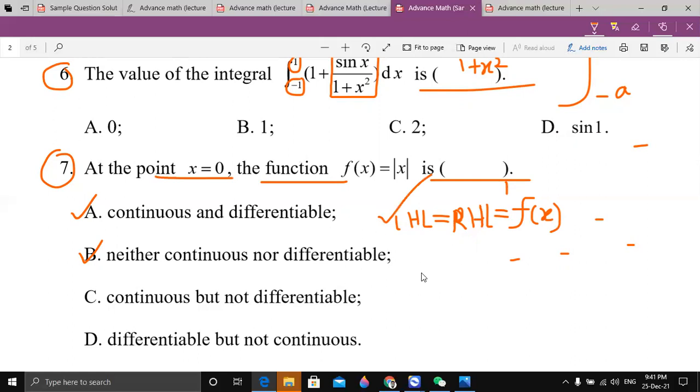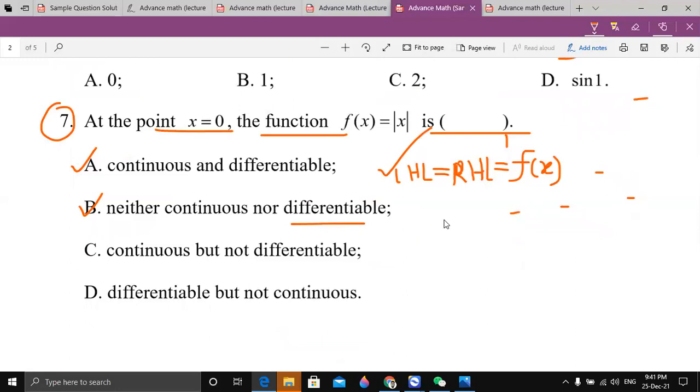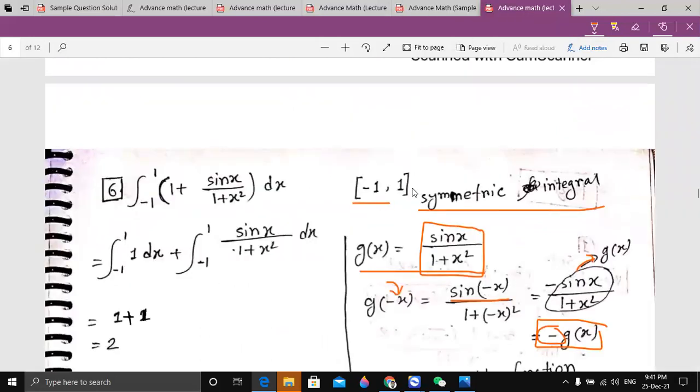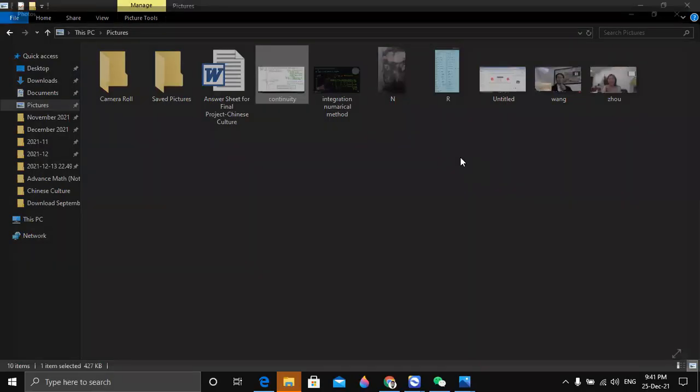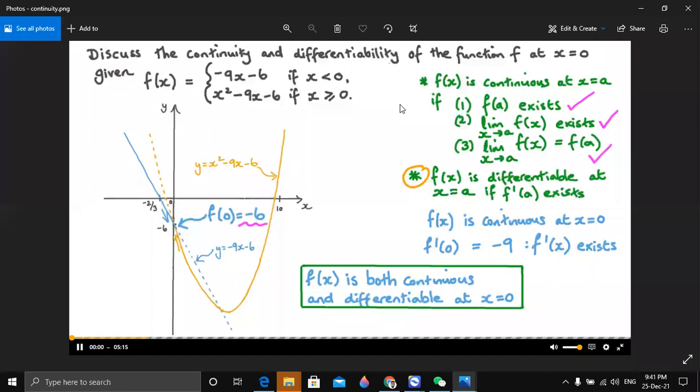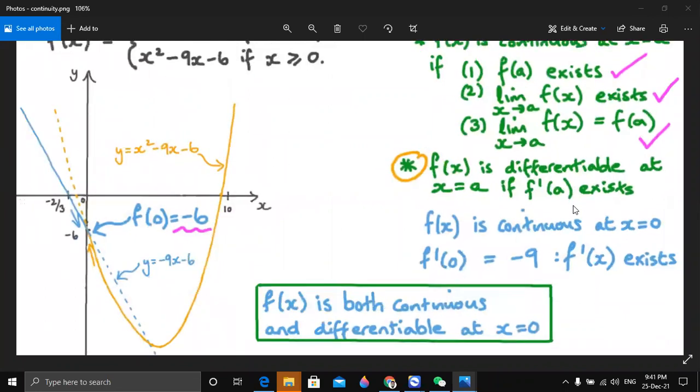And if it is differentiable, that means its derivative exists, and it is continuous at a specific point.